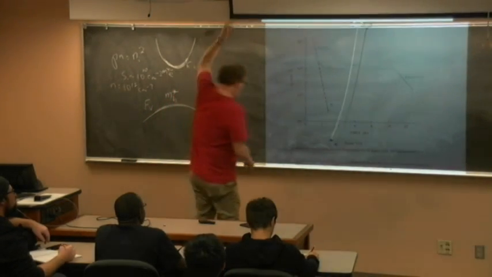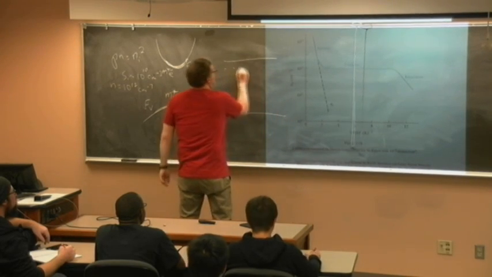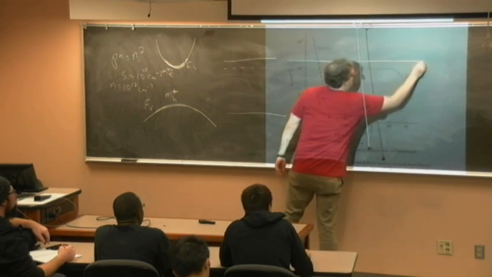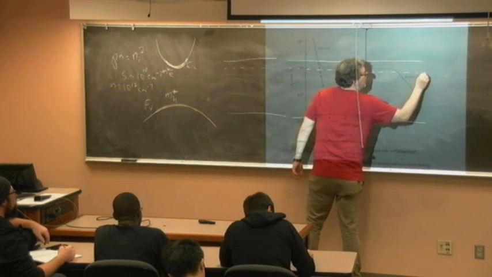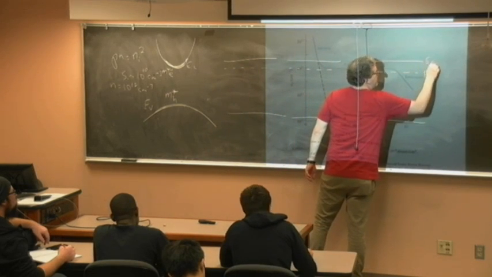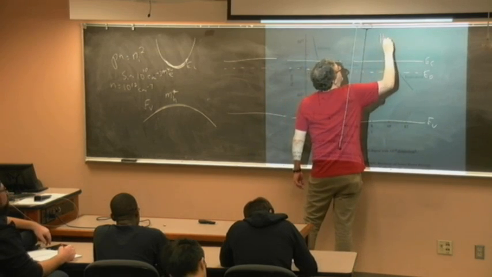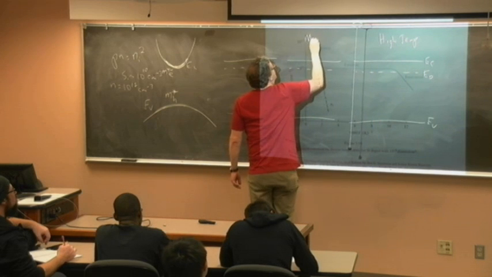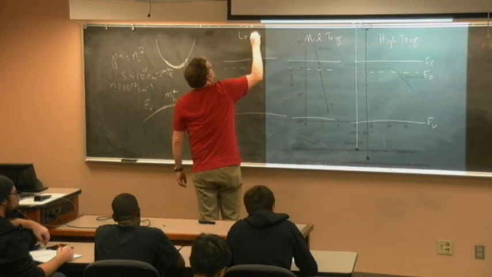So ionization means that, let's pick on n-type. I think this is a donor level, conduction band, valence band, high temperature, medium temperature, low temperature.